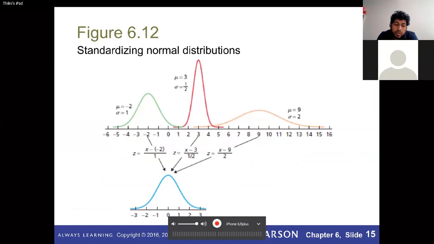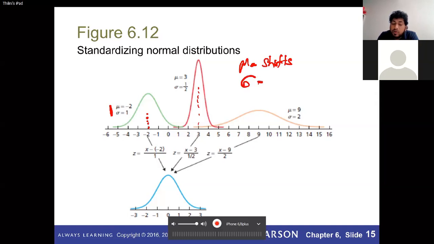That's how the shape of a distribution deviates with mu and sigma. Here mu is -2, which means the center is -2, sigma is 1. Here mean mu is 3, center is 3, sigma is 1/2. We call mu the location parameter because when we change mu, it shifts your distribution.